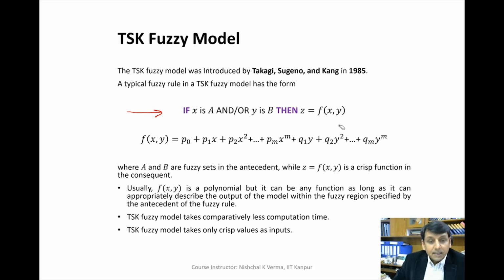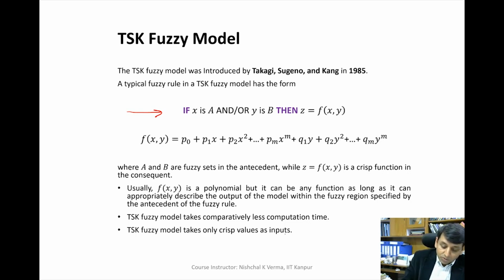It is very important to note that a TSK fuzzy model takes comparatively less computation time, because here z can be obtained very quickly just by substituting the values of x and y. So this takes very little computation time. And the TSK fuzzy model takes only crisp values as the input.